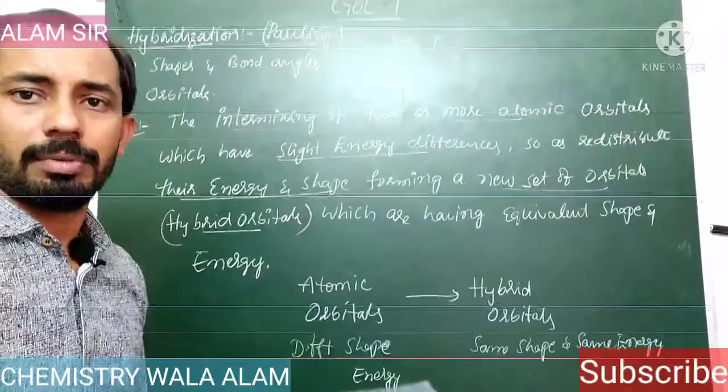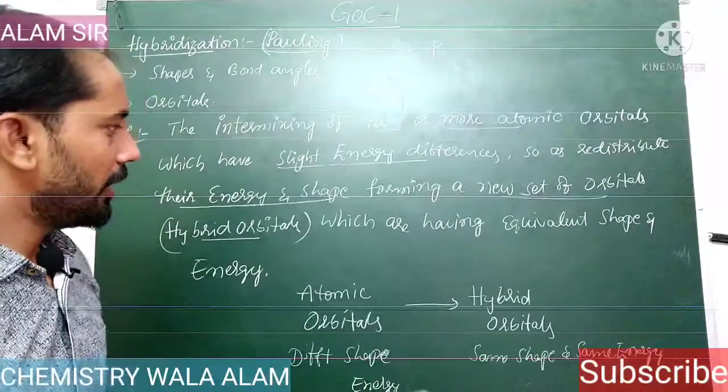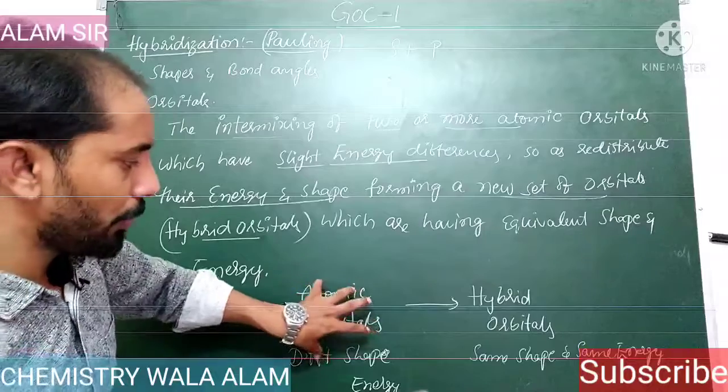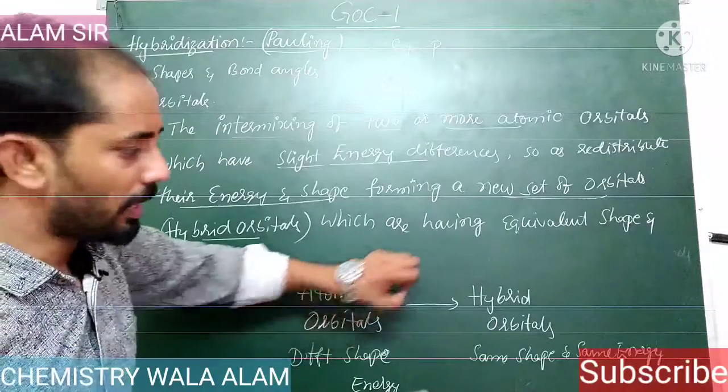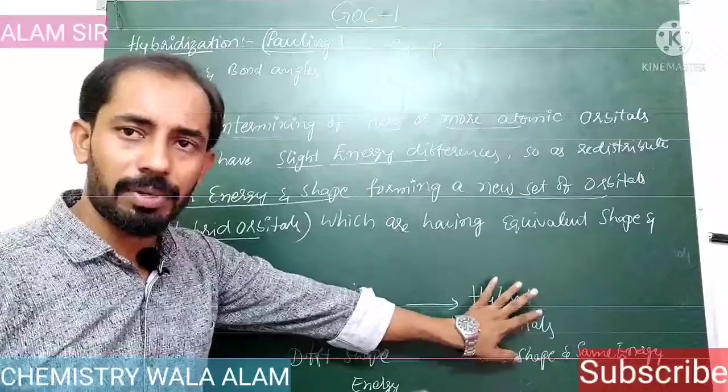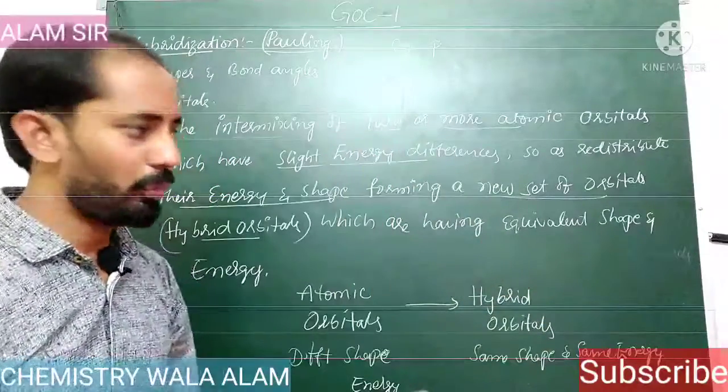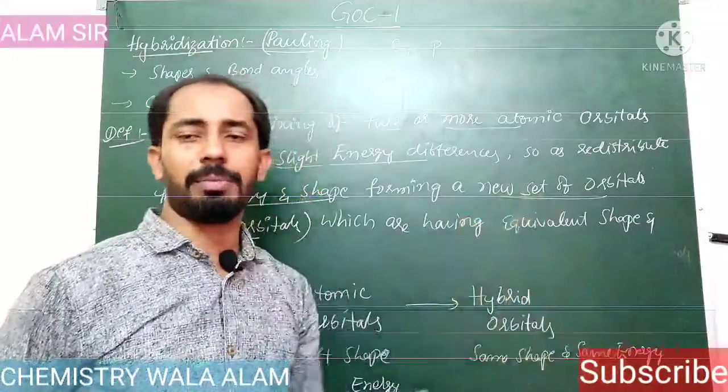Atomic orbitals redistribute among themselves and form a new set of orbitals called hybrid orbitals, which have the same energy and same shape.